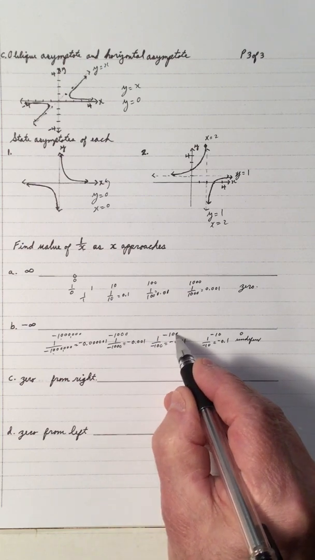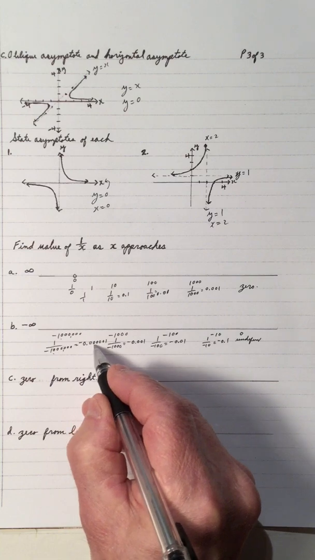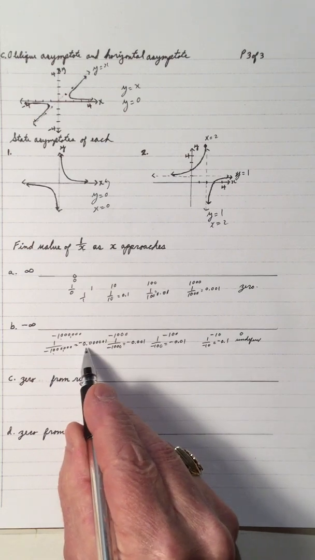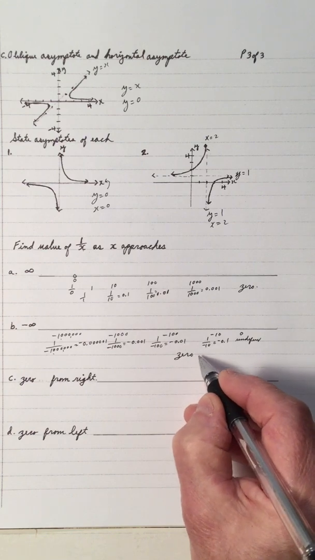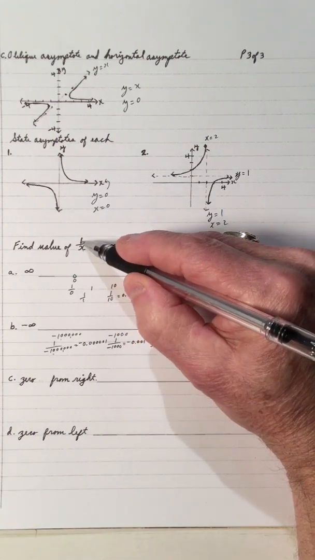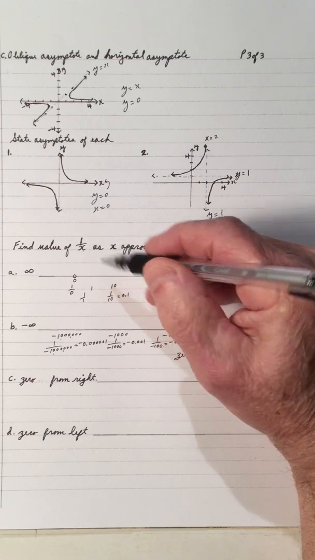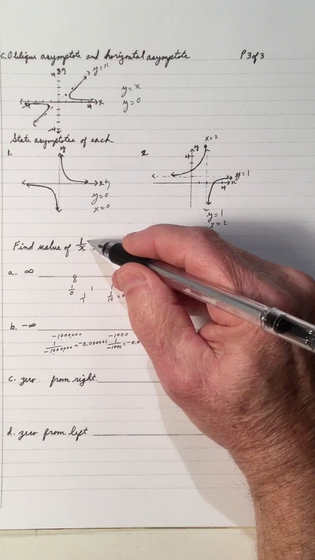So if you got a million, then you got 6 decimal places. Notice the number, again, is approaching 0. So as x goes to negative infinity, this expression approaches 0. As x goes to positive infinity, this expression is approaching 0.